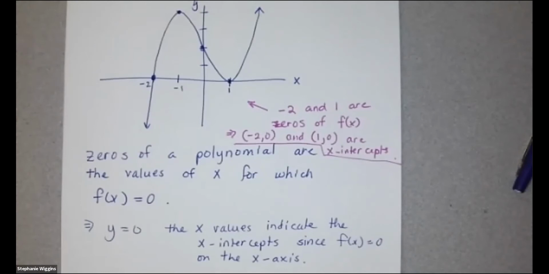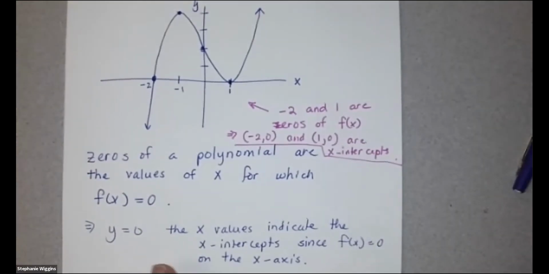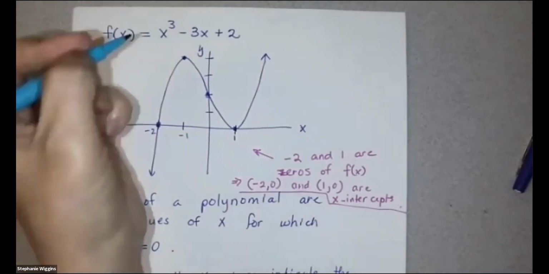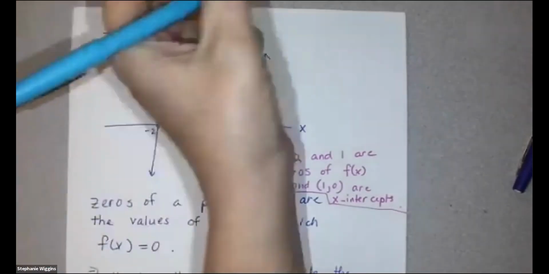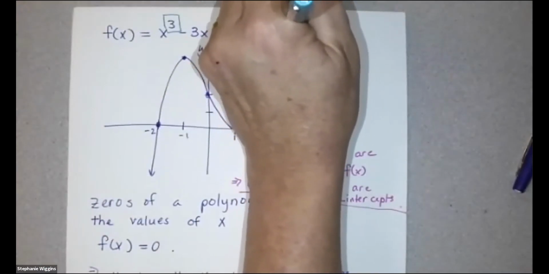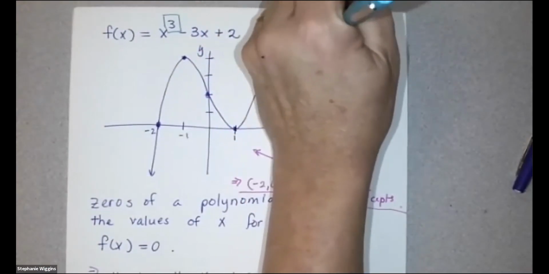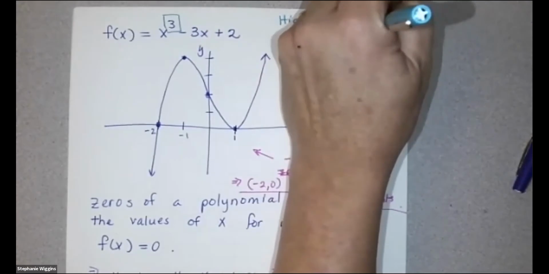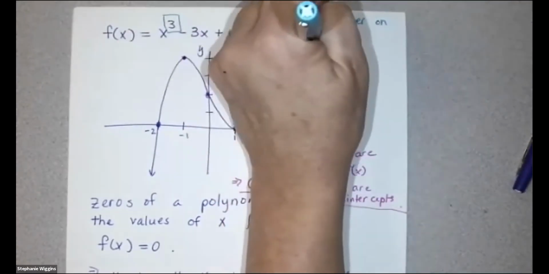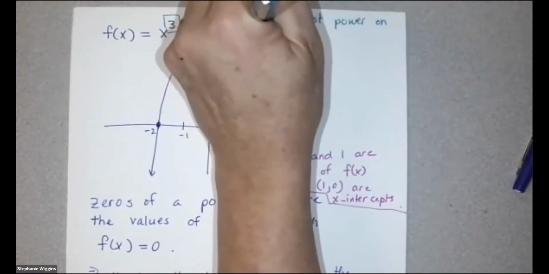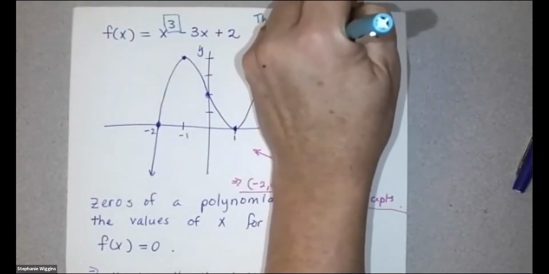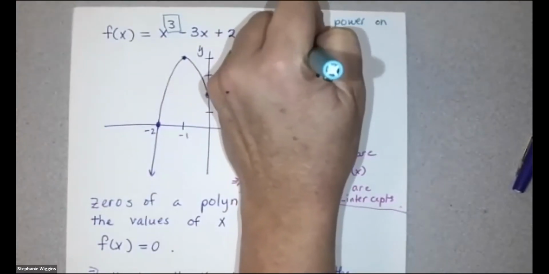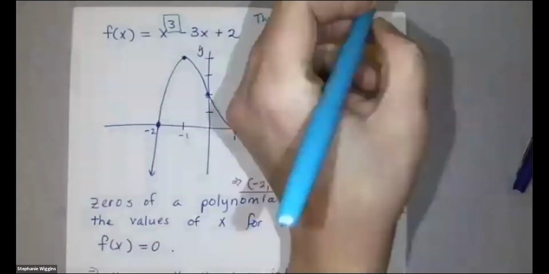And just to review some concepts of polynomials, if you look at this number here, this is the highest power on x. And it's called the degree of the polynomial.